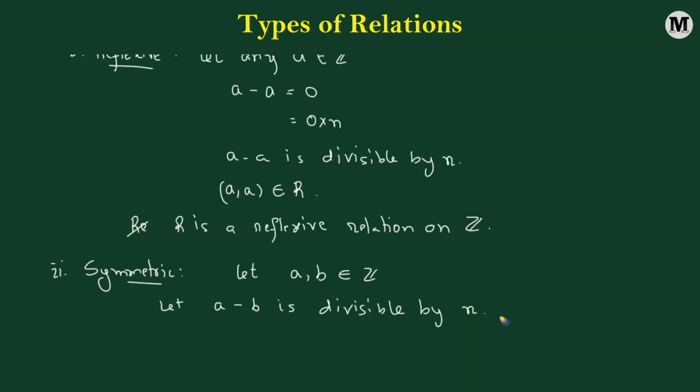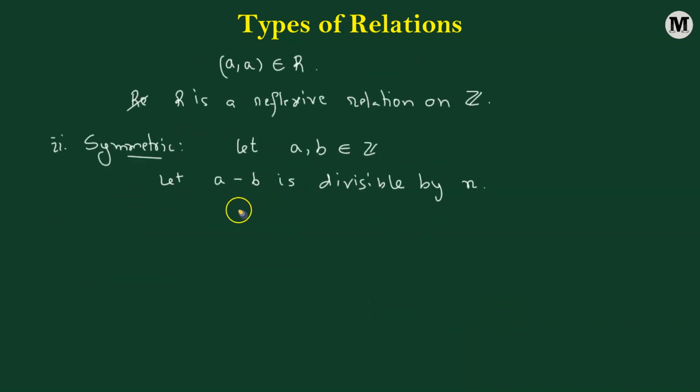We're supposing that this is a true statement. Now if a minus b is divisible by n, can we not say that a minus b is simply a multiple of n? So we can represent a minus b as lambda times n, where lambda is some integer. We don't have to worry about this value.